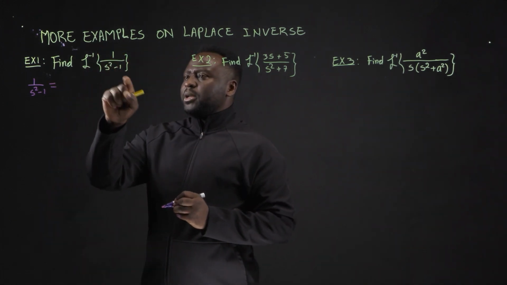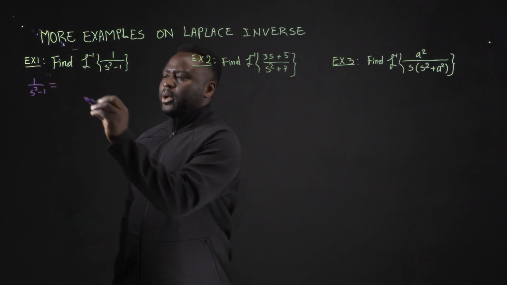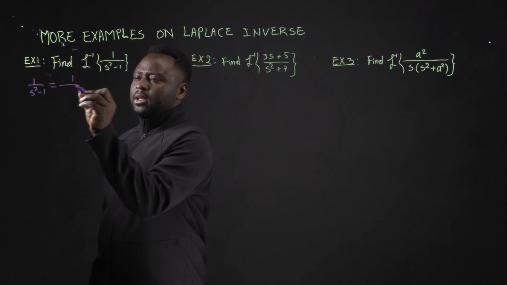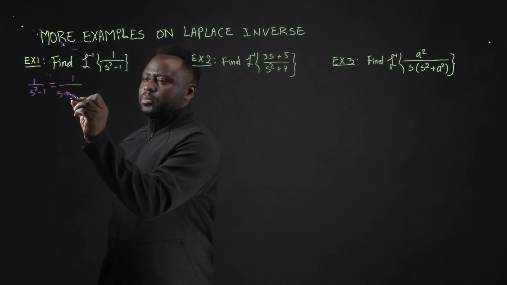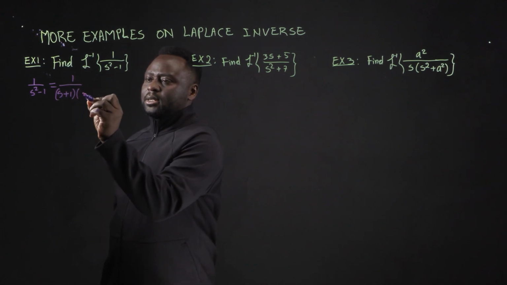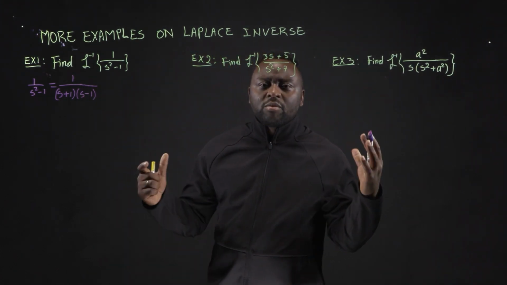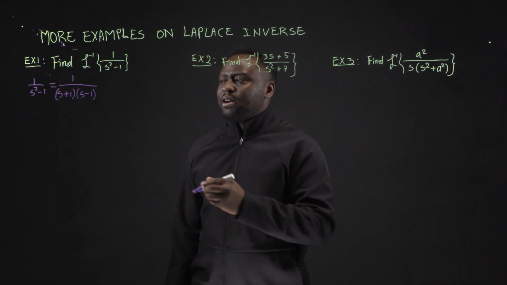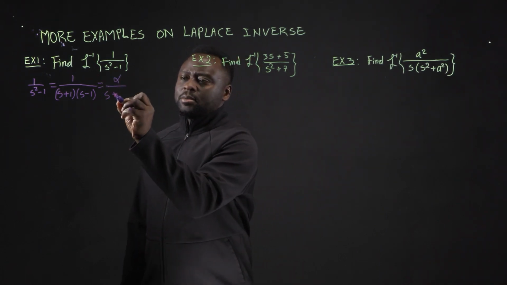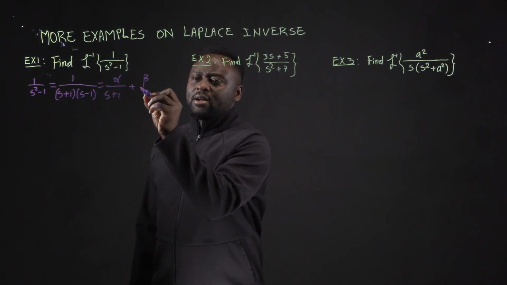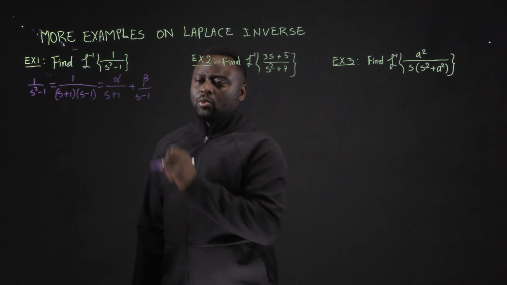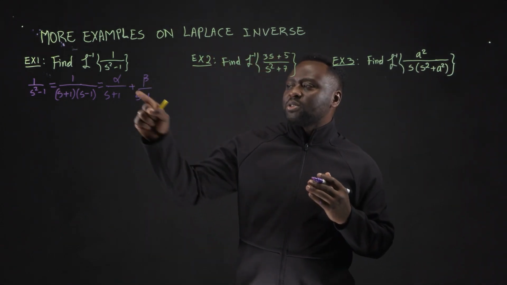For the denominator s squared minus 1, we can factorize it in the following way: s plus 1, bracket s minus 1. In terms of fraction decomposition, I can choose to write it as alpha over s plus 1 plus beta over s minus 1. Here you have to cross multiply.